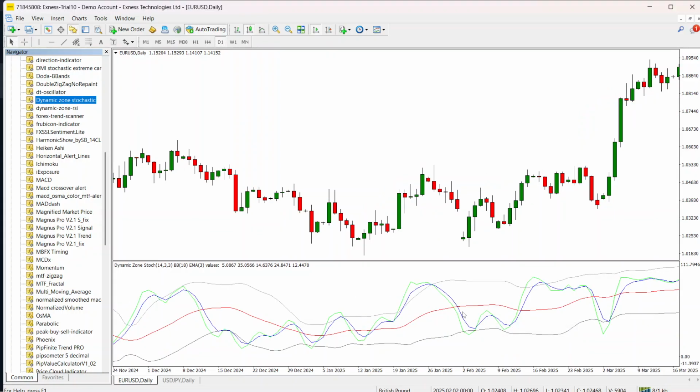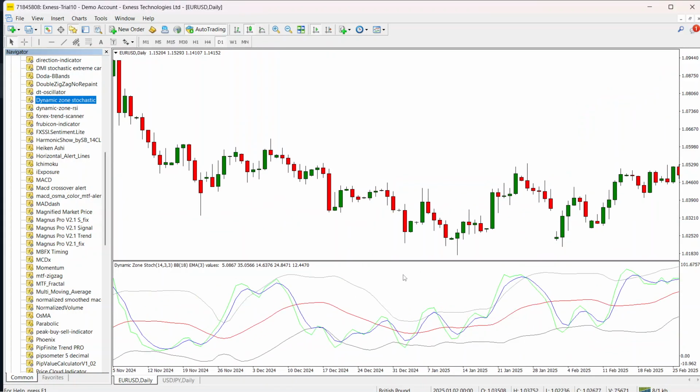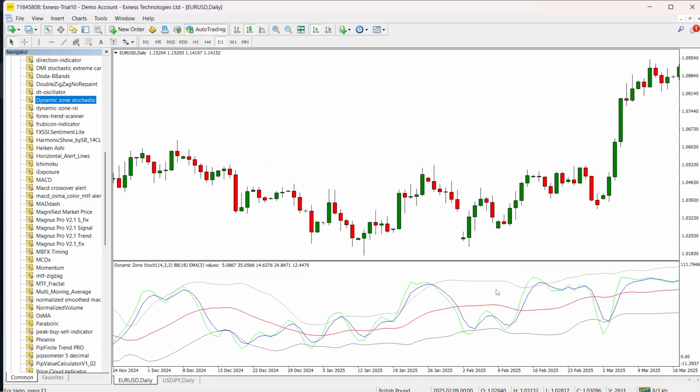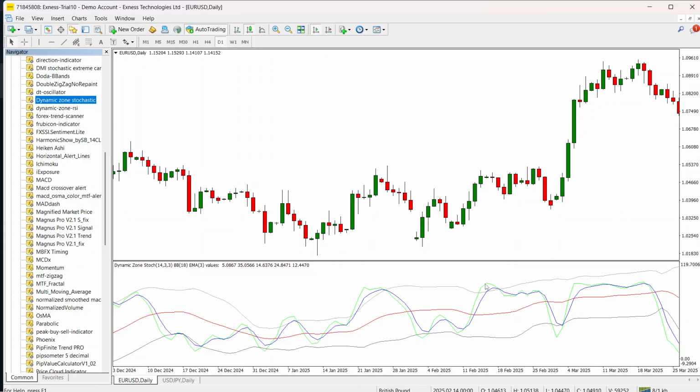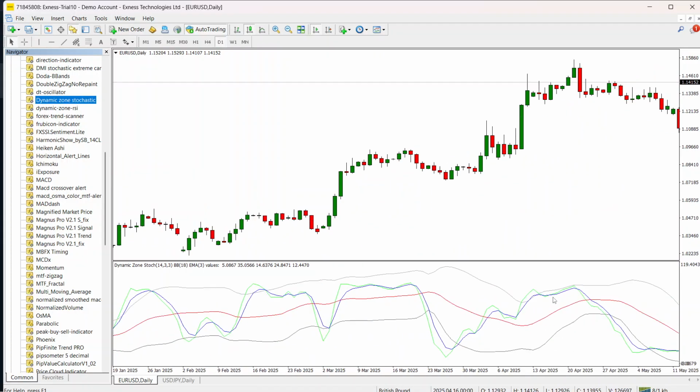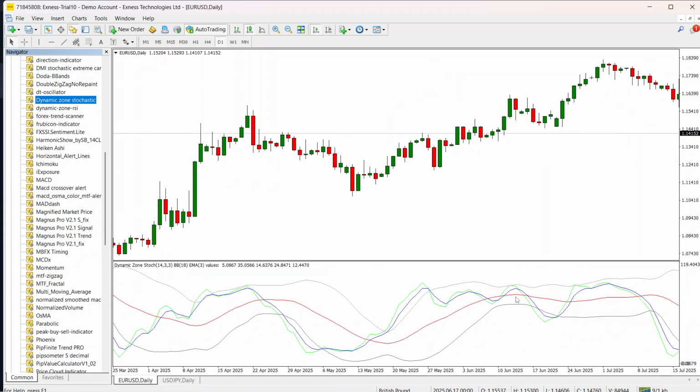Now for a bearish setup, when it crosses over the upper band, you'll see a bearish momentum, as we can see here, a bearish momentum.